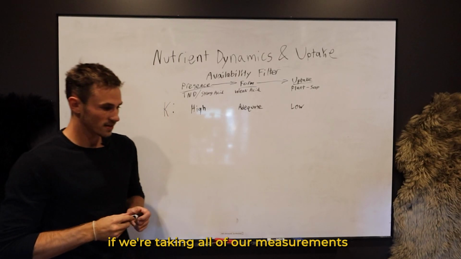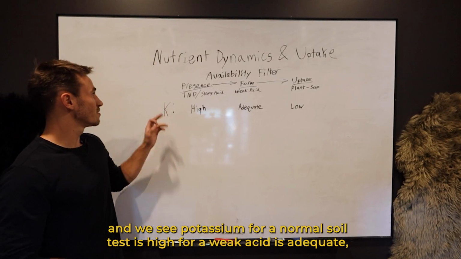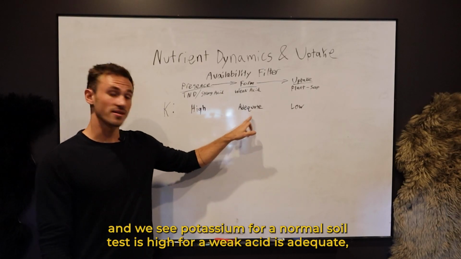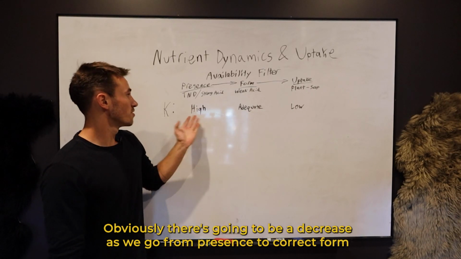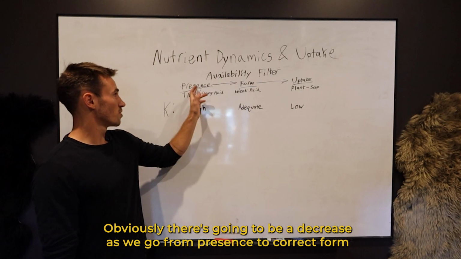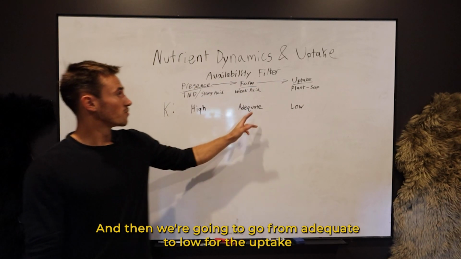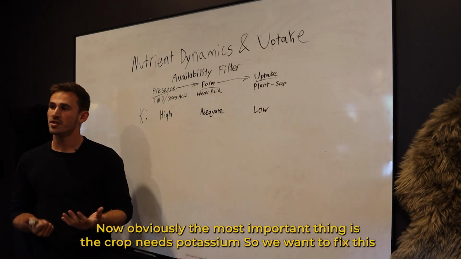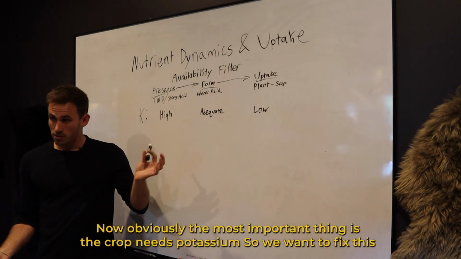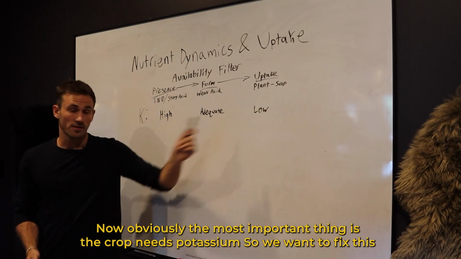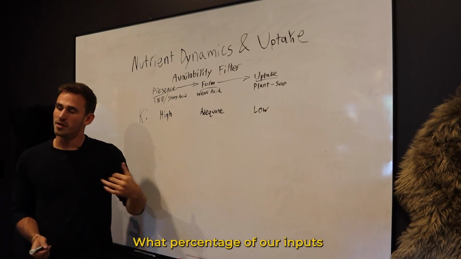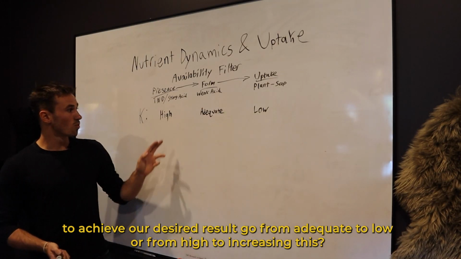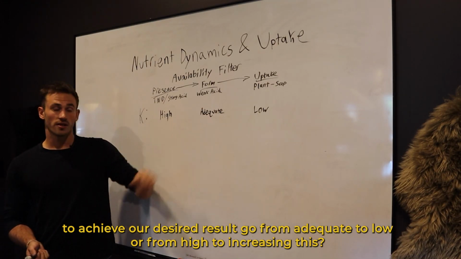If we're taking all of our measurements and we see potassium for a normal soil test is high, for a weak acid is adequate, right? Obviously, there's going to be a decrease as we go from presence to correct form, and then we're going to go from adequate to low for the uptake. Now, obviously, the most important thing is the crop needs the potassium, so we want to fix this. What percentage of our inputs to achieve our desired result go from adequate to low or from high to increasing this?